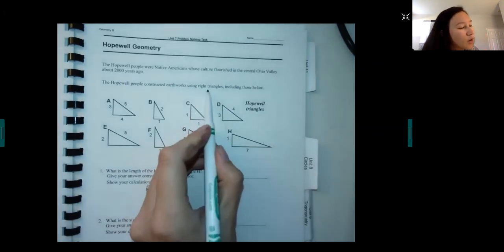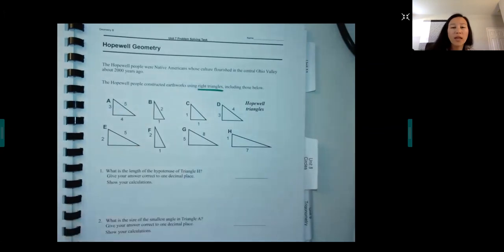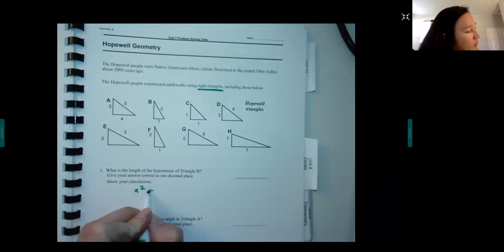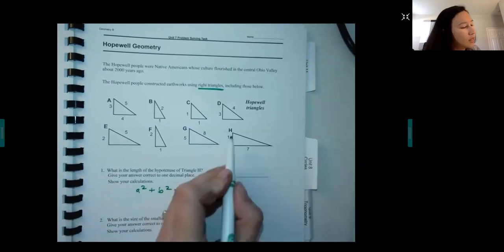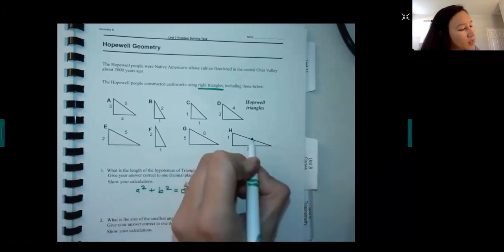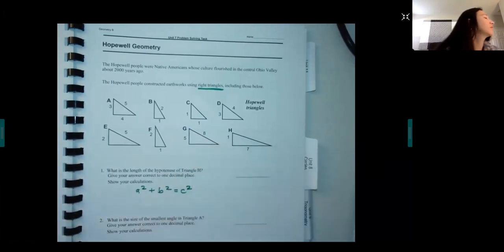So they told us these are all right triangles. So we can use the Pythagorean Theorem, which says that a squared plus b squared equals c squared, to find our hypotenuse. In case we forgot, let me just go through it in the notes.